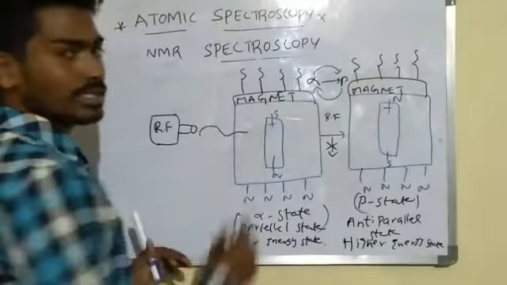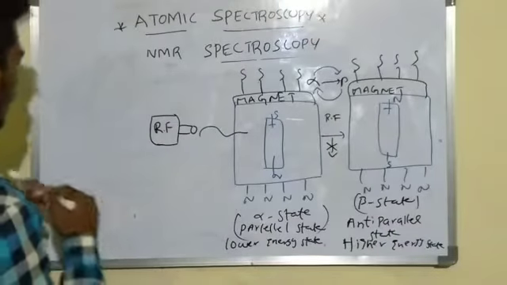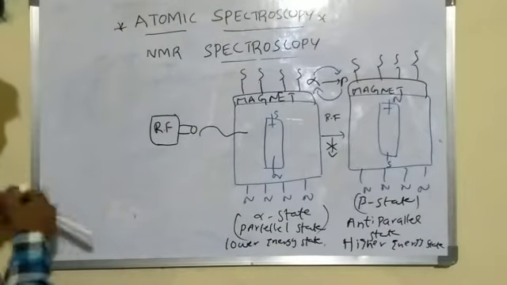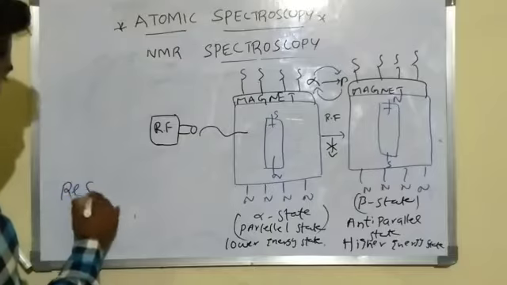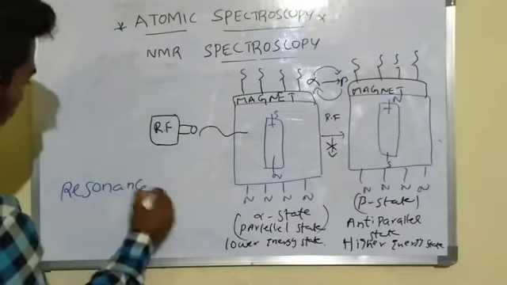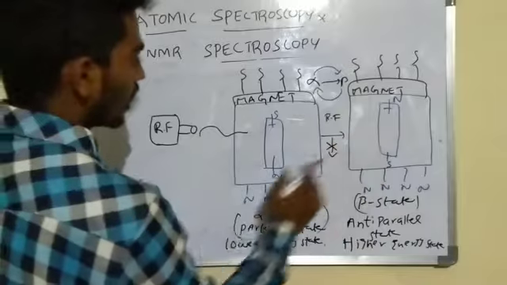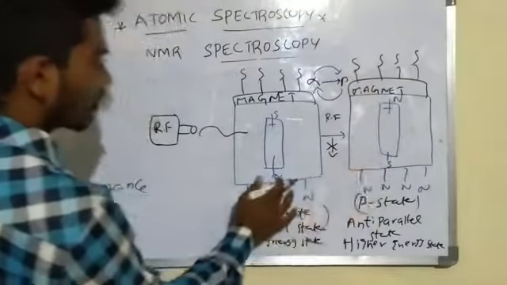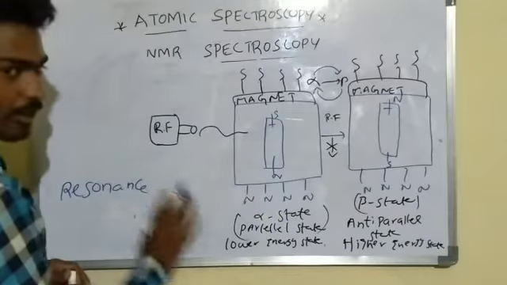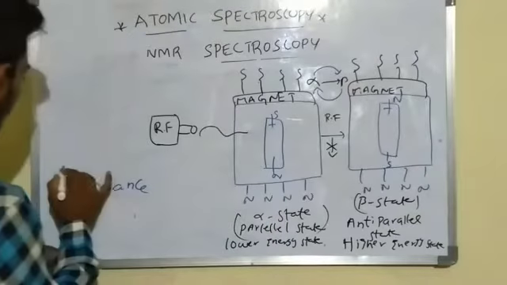That condition is called the resonance condition. That resonance is performed by going from alpha state to beta state and beta state to alpha state. This resonance is performed by this magnet.